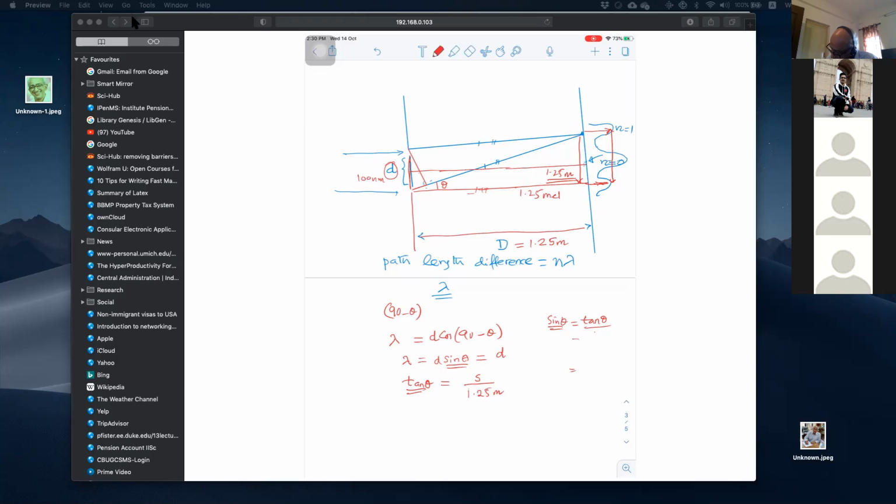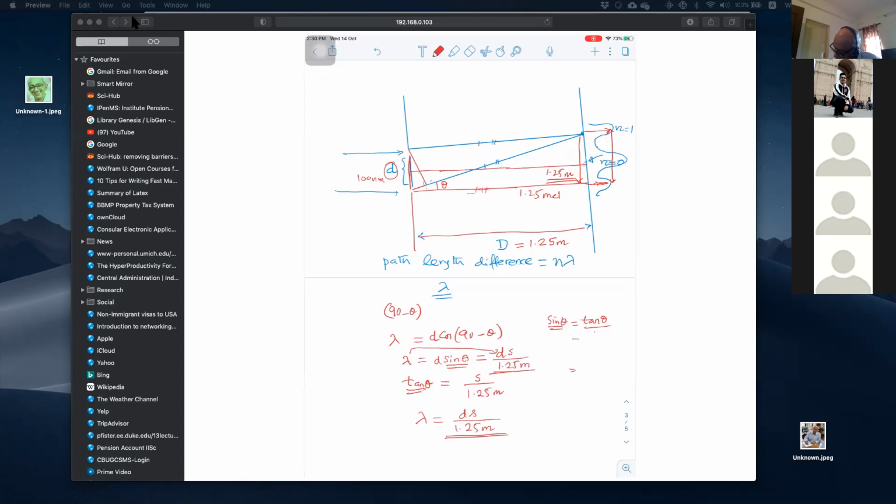So d into S divided by 1.25 meters will be the formula connecting lambda with the separation, right? So this is the equation that you have to use. Lambda is equal to d into S divided by 1.25 meters. Fine.